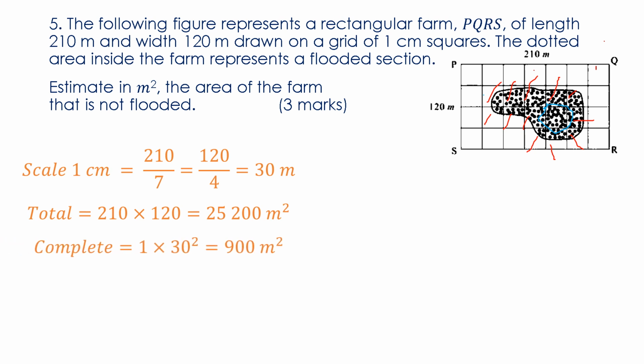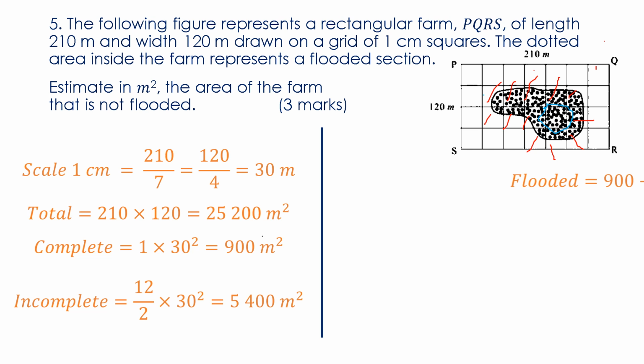It will be the area of one square, 900 square meters, plus the area of the incomplete squares, 6 times 900, which is 5400. So the total area of the flooded section will be 900 plus 5400, which is 6300 square meters.